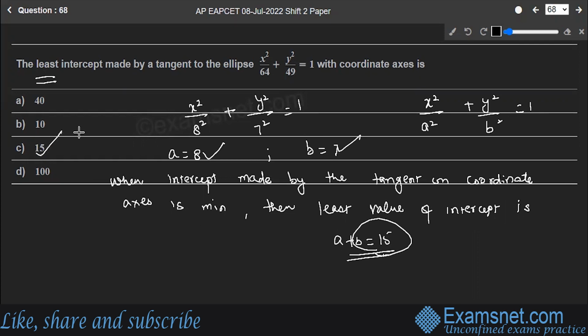Correct? That means we have option C as our answer. You had to find out the least intercept, so the least intercept will be given by, in this case, a plus b. Hope you're clear with this.